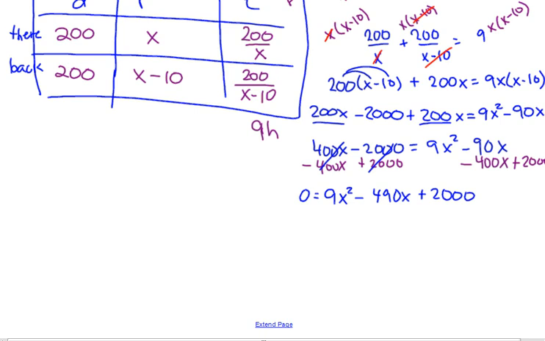Okay, kind of ugly. You might want to factor it, but you don't have to. We could also use the quadratic formula, because I'm pretty sure 9 won't go into 20,000. Let's check. Yeah, and it won't go into 400, so 490.